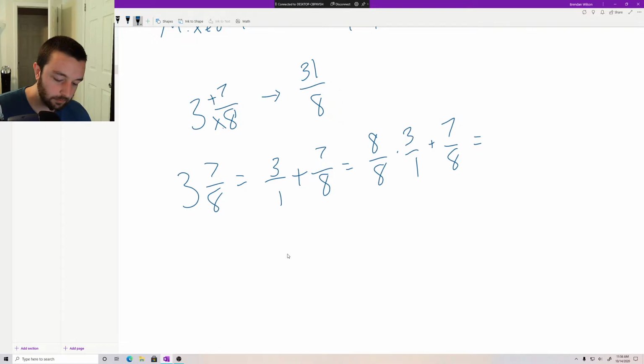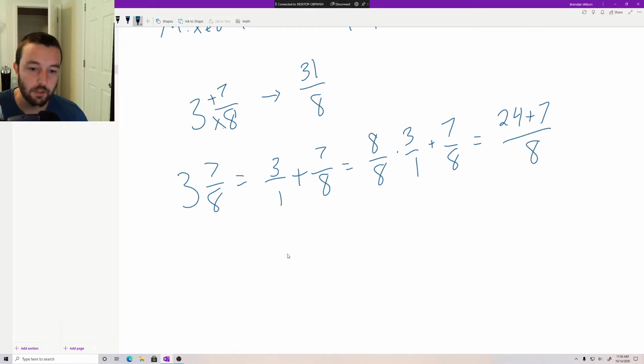Okay. And then when we do this, we're going to end up doing 24 plus 7 over 8. Okay. Because we get 24 from the first part, and then we want to add the 7 now that they have a common denominator. And this is exactly what we were doing right here, right?